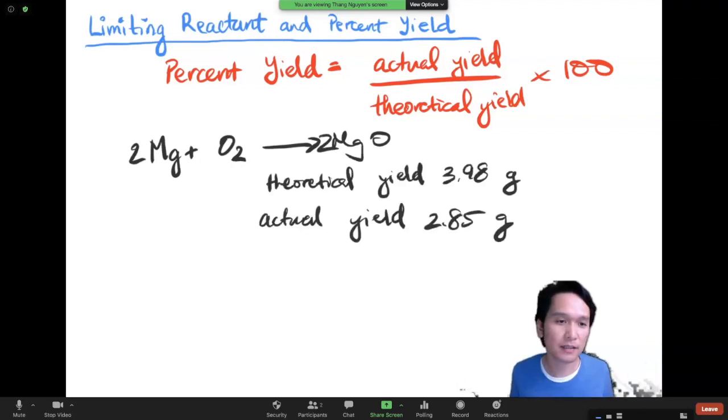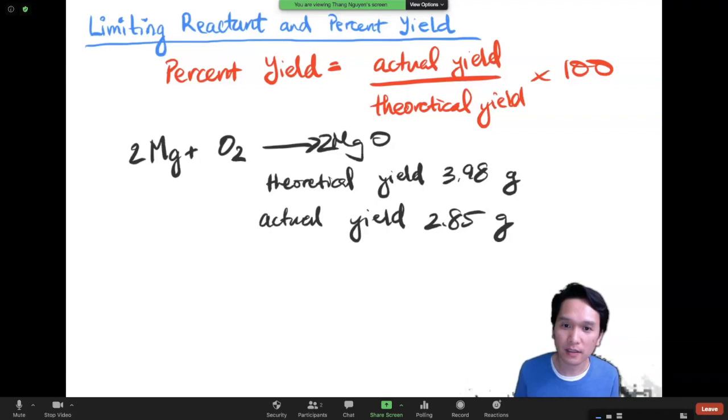So to apply this concept, let's go back to the problem that we just did. We calculated on that problem that our theoretical yield is 3.98 grams of magnesium oxide. Now, when we actually do the experiment, you may find that you only got back 2.85 grams of magnesium oxide. Then how would you calculate your percent yield?